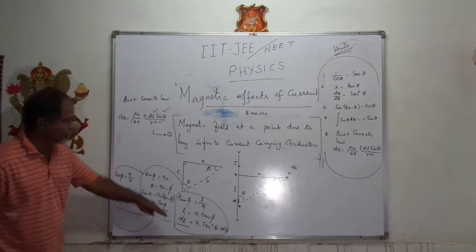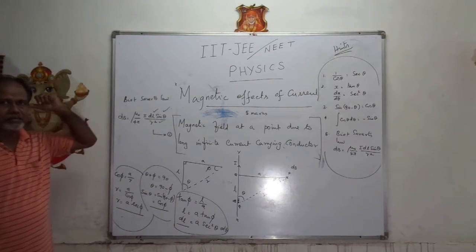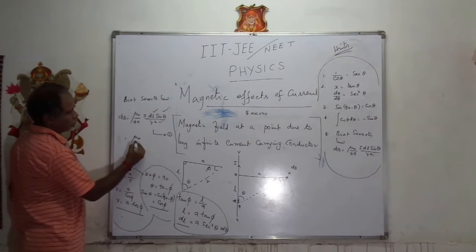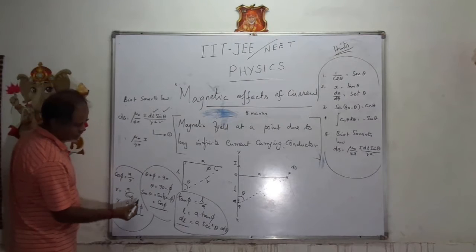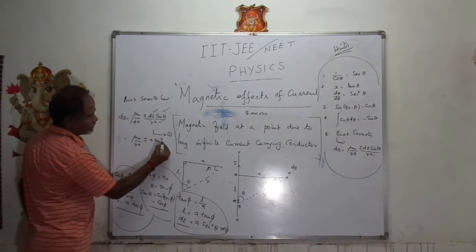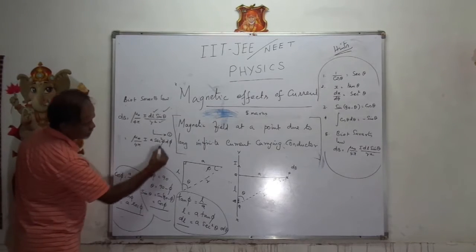All those things will be substituted here. Then dB is equal to mu naught by 4 pi, I, dl is A secant square phi d phi, and sin theta is cos phi.